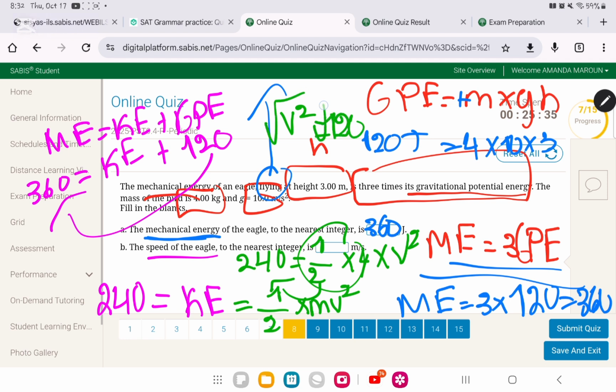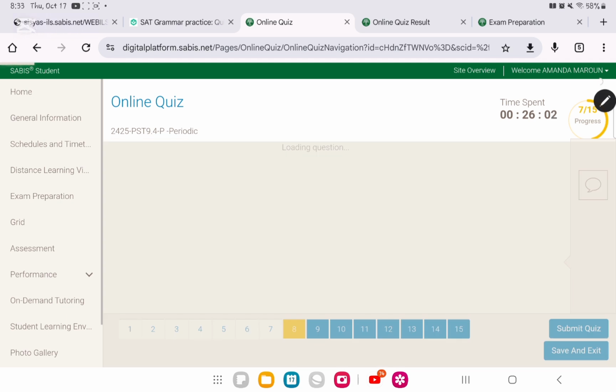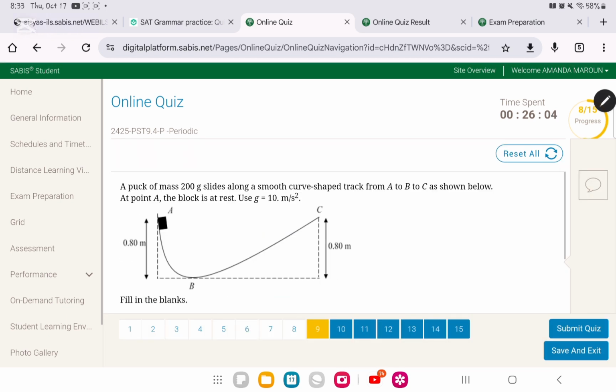So then if we put a radical on both sides, you will then get that V is equal to radical 120, which is 10.9, which is approximately 11. So the speed of the eagle to the nearest integer, meaning whole number, is 11 meter per second, and here this was 360 joules.